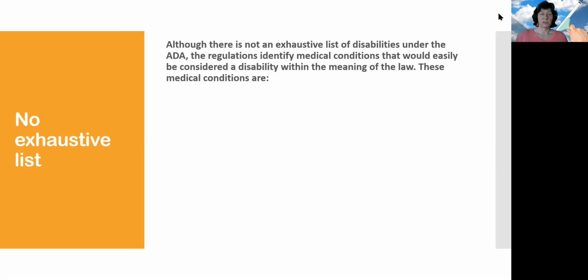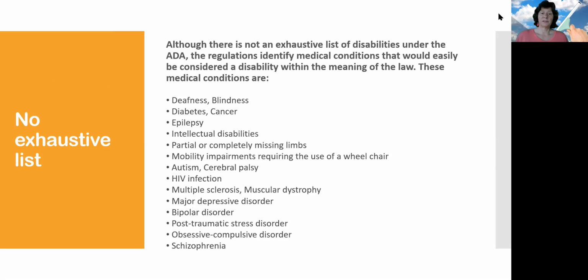These medical conditions are deafness, blindness, diabetes, cancer, epilepsy, intellectual disabilities, partial or completely missing limbs, mobility impairments requiring the use of a wheelchair, autism, cerebral palsy, HIV infection, multiple sclerosis, muscular dystrophy, major depressive disorder, bipolar disorder, post-traumatic stress disorder, obsessive compulsive disorder, schizophrenia.